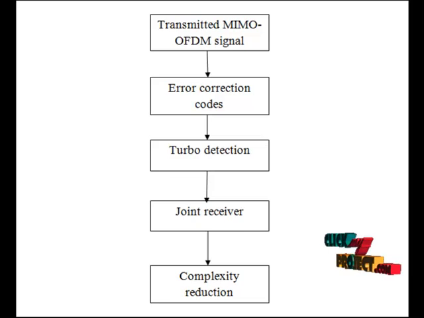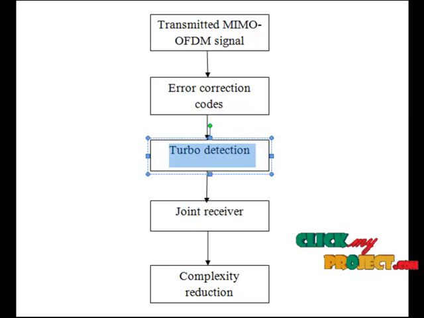The third block denotes the turbo detection, that is, equalization and detection of the MIMO-OFDM signal are done in the complex field, while for LDPC it occurs in the binary field. MIMO turbo equalization is performed here.